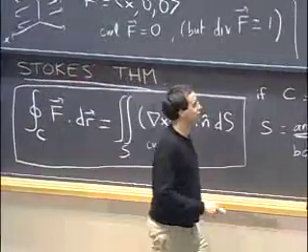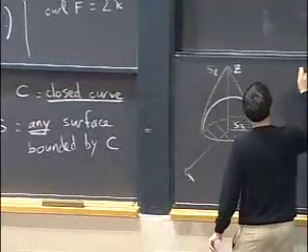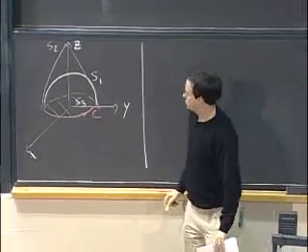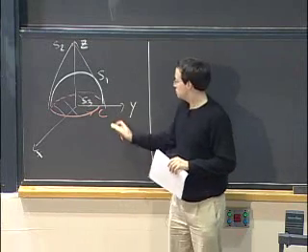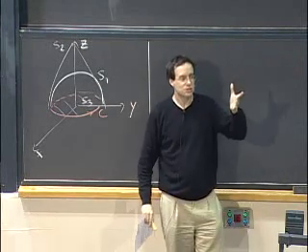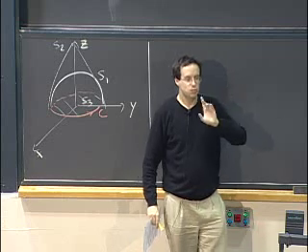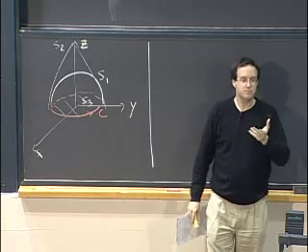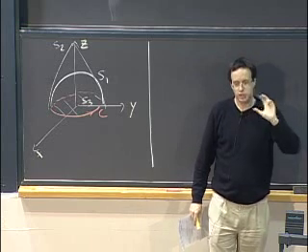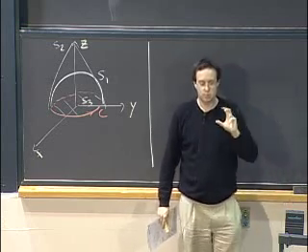Now, there's a catch here. What's the catch? Well, the catch is we have to figure out what conventions to use. Because remember, when we have a surface, there's two possible orientations. So we have to decide which way we will count the flux positively, which way we will count flux negatively. And if we change our choice, then of course the flux will become the opposite.